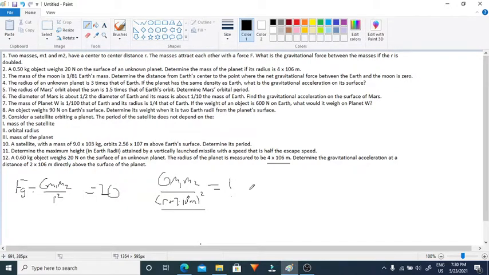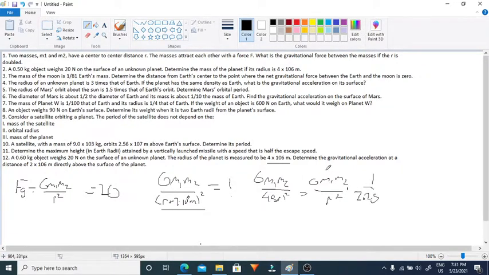This is also squared, which means we will end up getting the new FG at this new height is going to be G M1 M2 over 1.5 r squared, which turns out to be G M1 M2 over r squared times 1 over 2.25 when you square the 1.5.